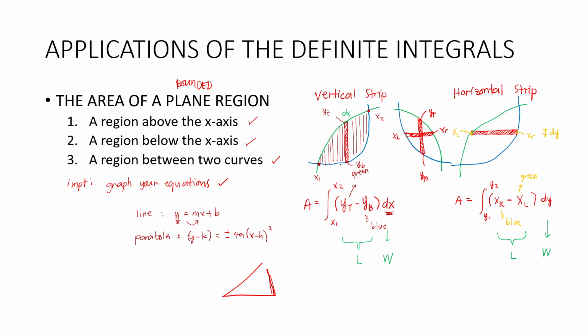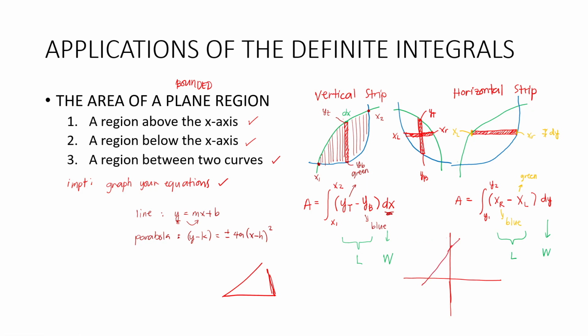So go ahead, let's discuss examples so you can see or differentiate between the two. Other examples would be, let's say, your x and y axes. So it may be a triangle.